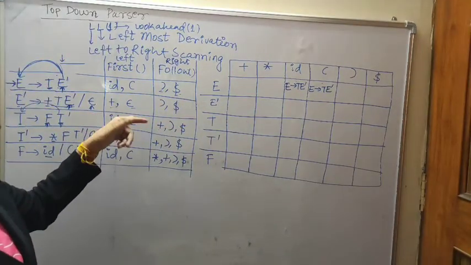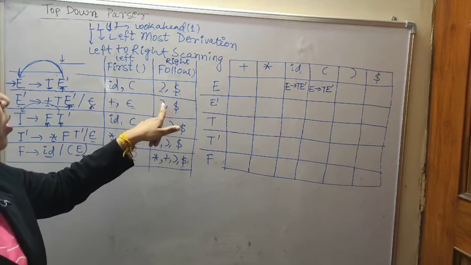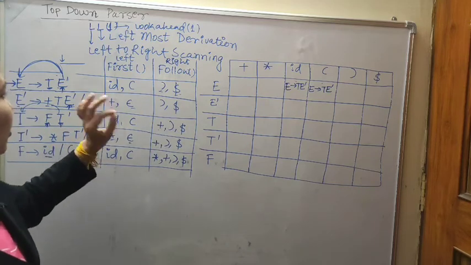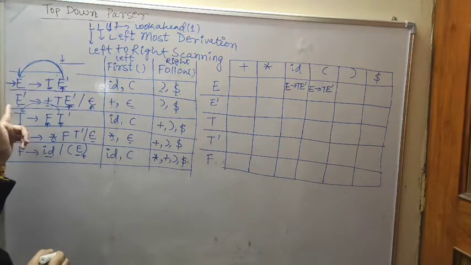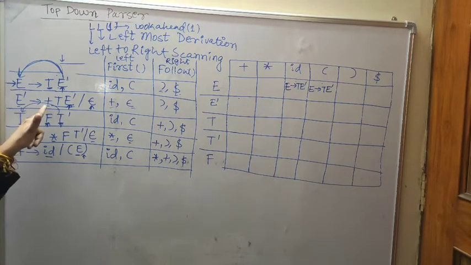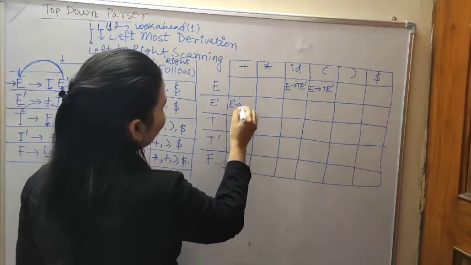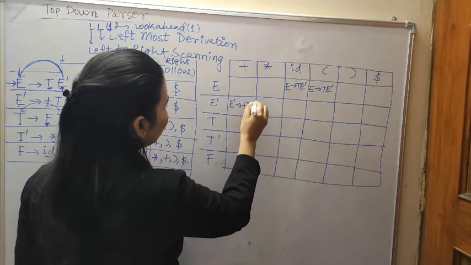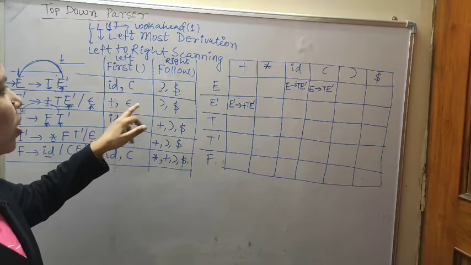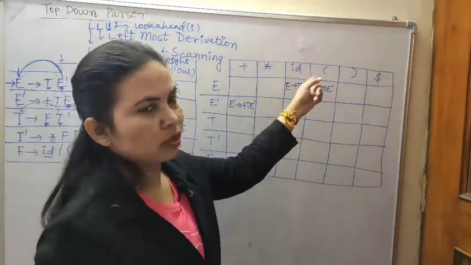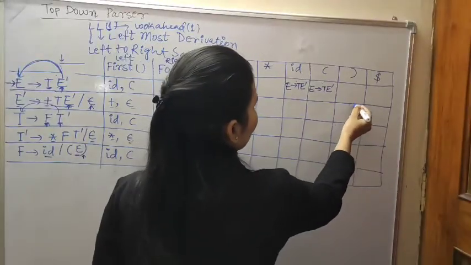Now the second one, E dash. For E dash, plus is given, and epsilon. Epsilon we cannot write as a column, so the epsilon production will go in the close braces and dollar places. First we write plus. Where is plus given? Here. And in the plus place, what is the production rule? E dash to plus T E dash. Now epsilon is given, but epsilon is not a terminal, so we go to the follow function: close braces and dollar.